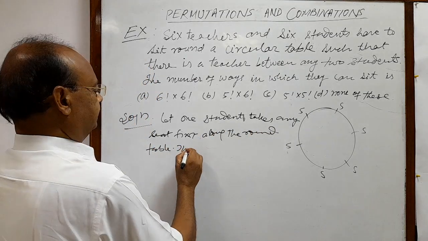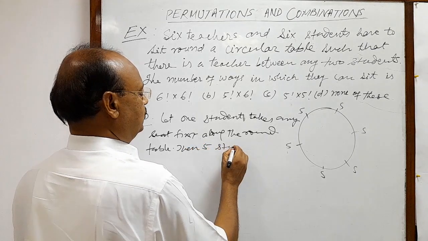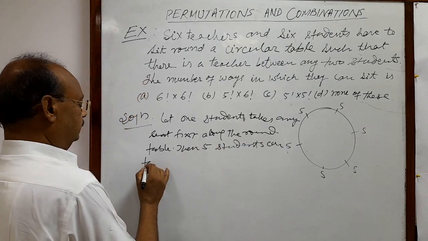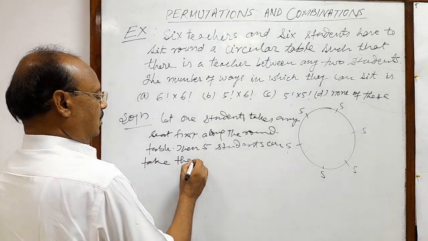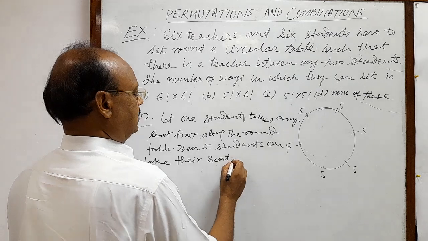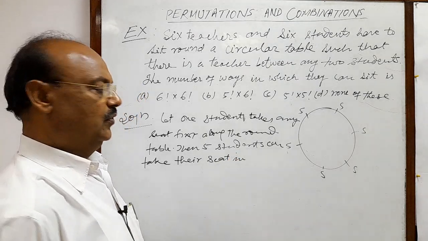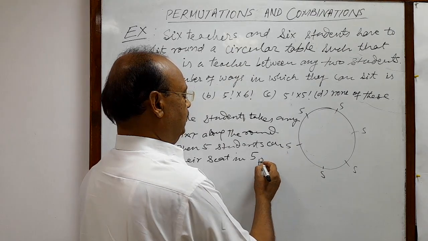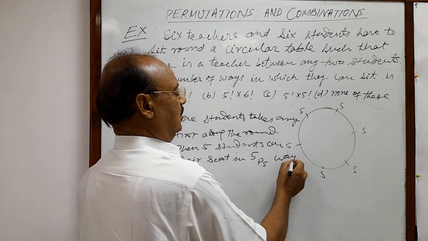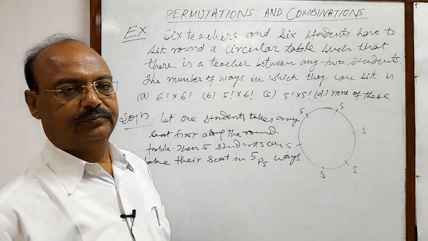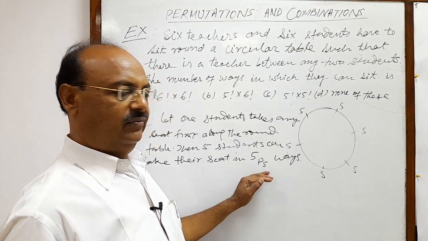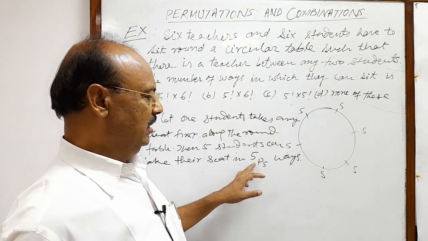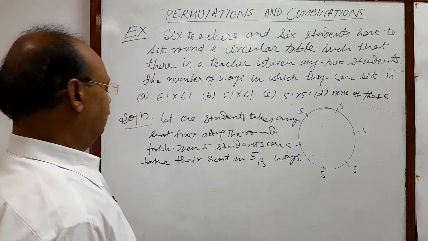Then 5 students can take their seats in how many ways? There are 5 students and 5 seats, so 5p5 ways. Okay, 5p5 ways. And for evaluation of 5p5, we'll use the formula.